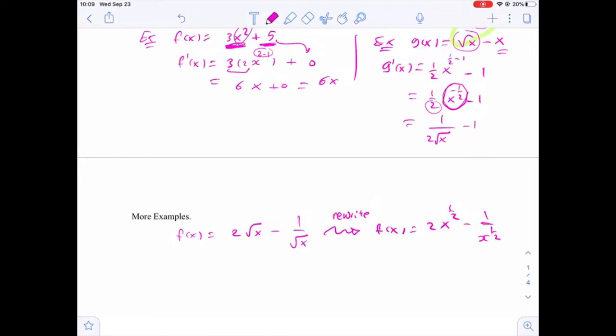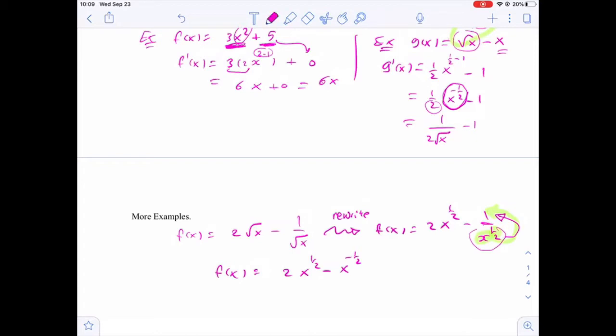And we don't want to deal with some expression in the denominator. We can bring this up here, so we get f of x equals 2 times x to the power 1/2 minus x to the power negative 1/2, because when we bring this up here, the power becomes negative. We change the sign of the power.